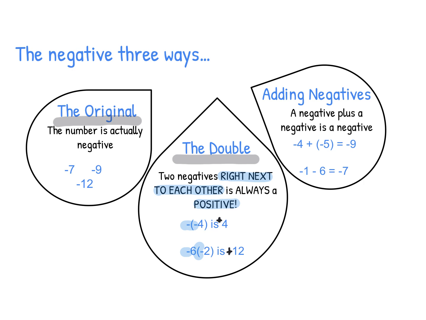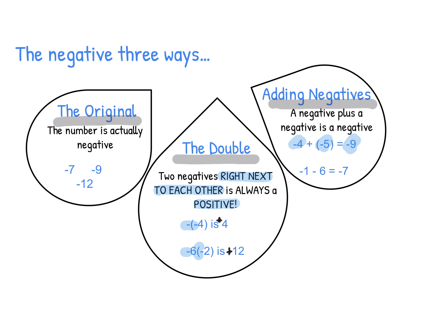The next one is adding negatives. There's a rule about adding negatives: a negative plus a negative is going to be a negative number. You're just past 0 and you're going to keep going. When we take a look at the first problem, we have negative 4 plus negative 5, so your answer is a negative 9.